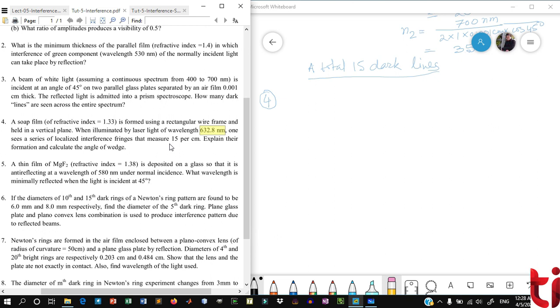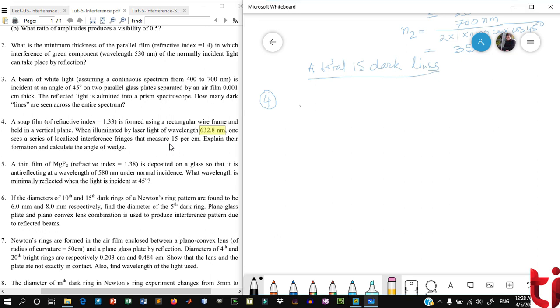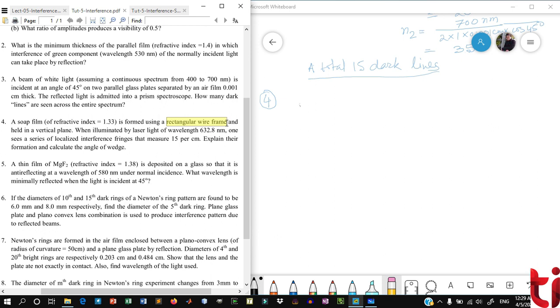So again, we need some diagram to understand what is going on. So to understand this, what we have to first look at is a rectangular wire frame, and this rectangular wire frame contains a soap film.